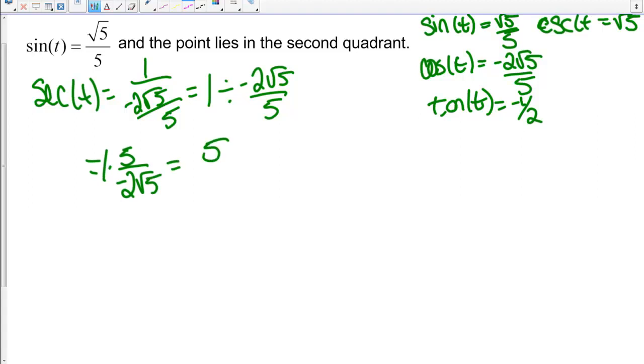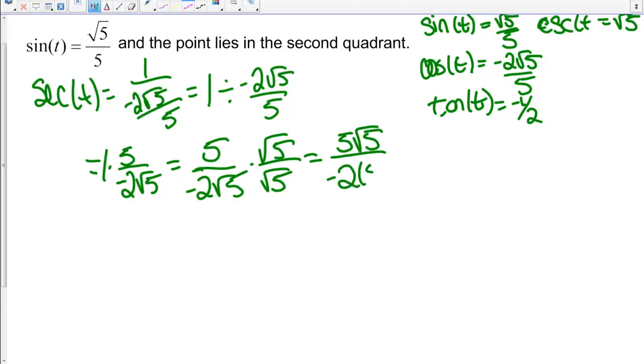So we have 5 over negative 2 square root of 5. Don't like that square root of 5 in the denominator, so we're going to get rid of it. So 5 times square root of 5 over negative 2 times 5. The 5's cancel. So we get square root of 5 over negative 2 is secant.